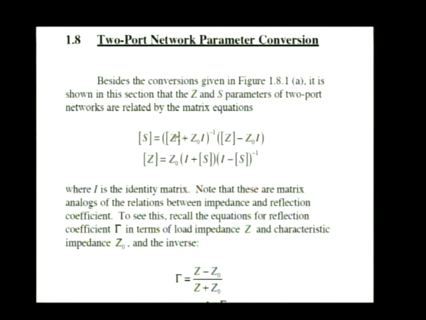Z plus Z0 times I inverse over Z minus Z0 times I. These 2 matrices in parentheses are multiplied by one another, where you have to remember this is a matrix inverse, the inverse of the matrix in parentheses here.